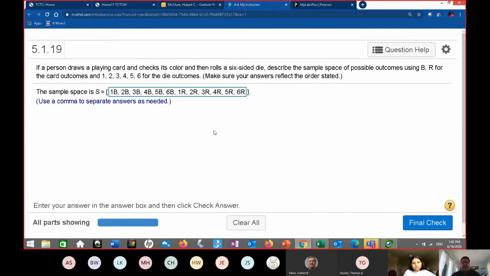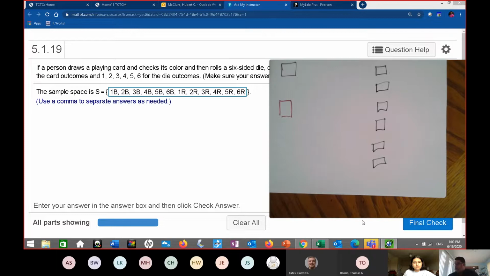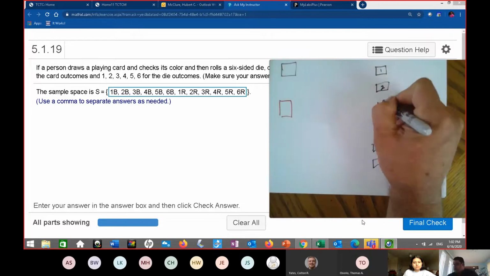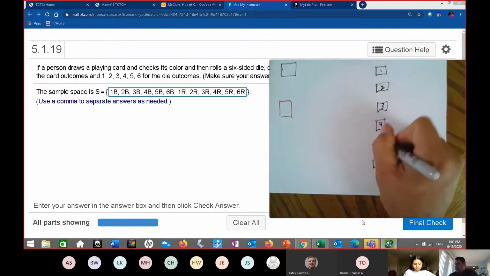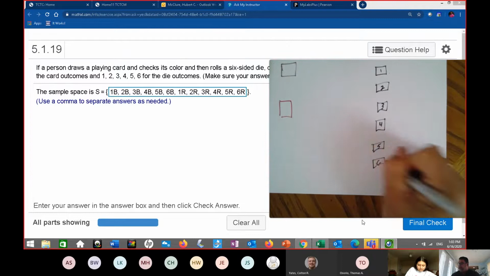like. Okay? And a 6-sided die: one, two, three, four, 5, 6. So what are the possibilities?